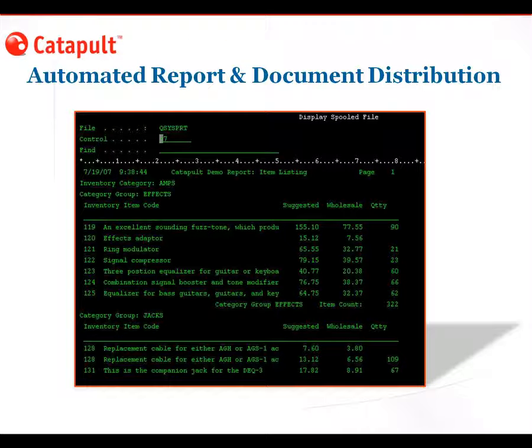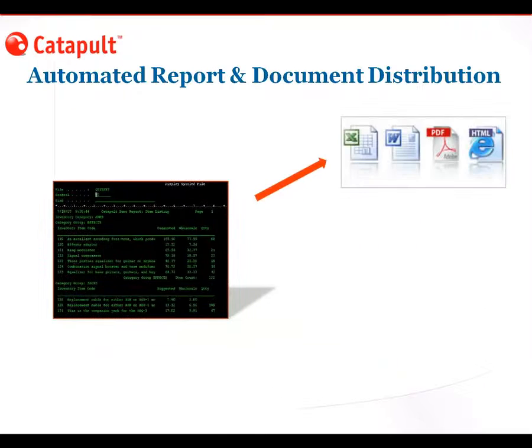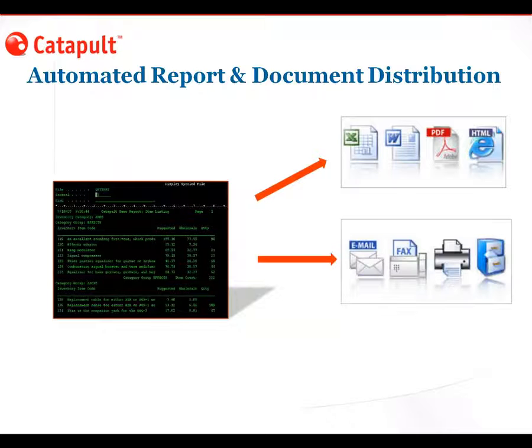So what is Catapult? Once again, Catapult is an automated report and document distribution tool. You can take a spool file or a PC file. Here's an example of a spool file. So you can have a spool file like this, have it automatically transformed by Catapult as a Word document, PDF, HTML, or as a spreadsheet.